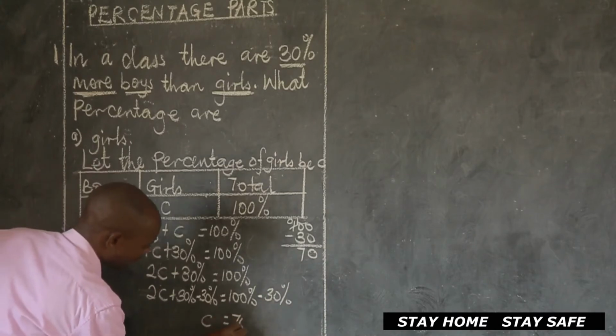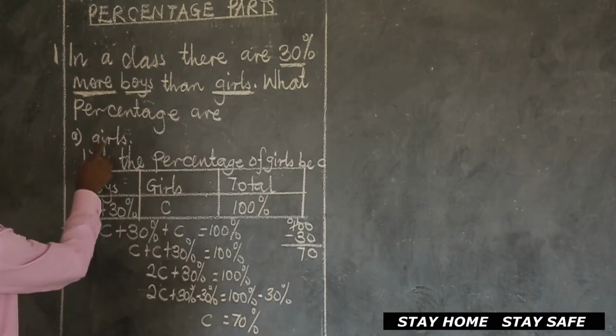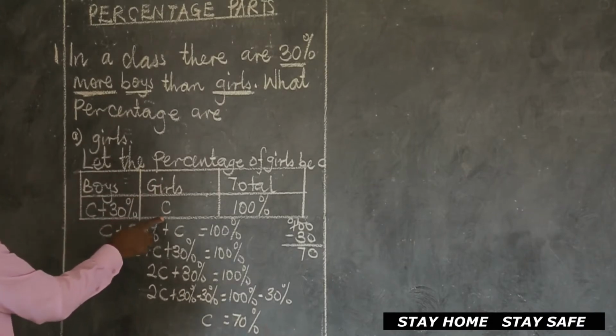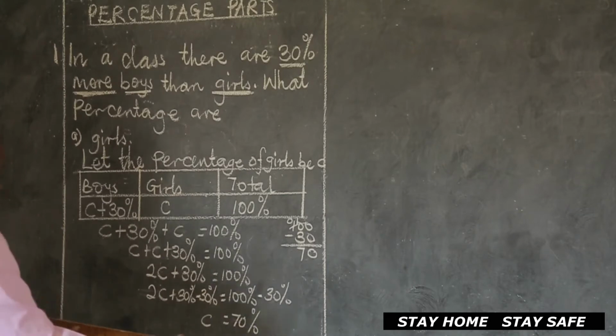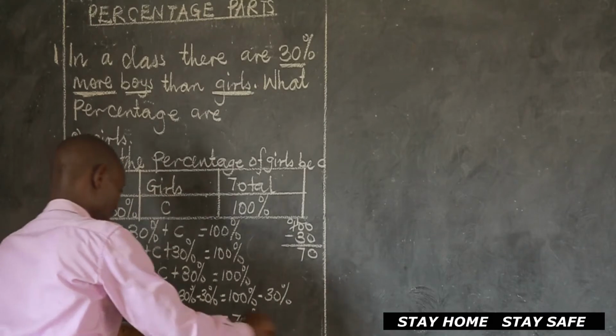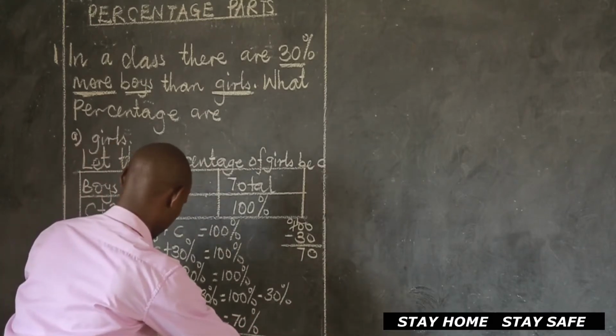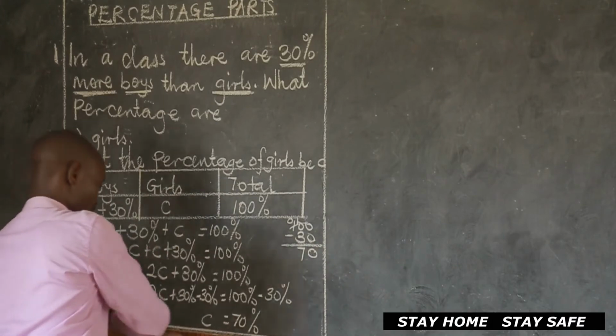So we are getting 70%. Therefore, 2C is going to be 70%. Then you underline your answer. A good child of mathematics should be well organized.